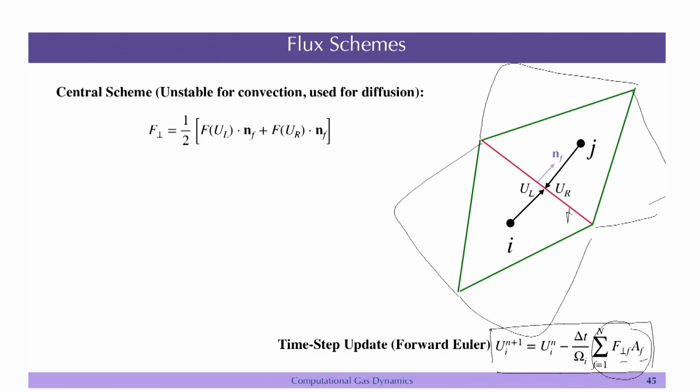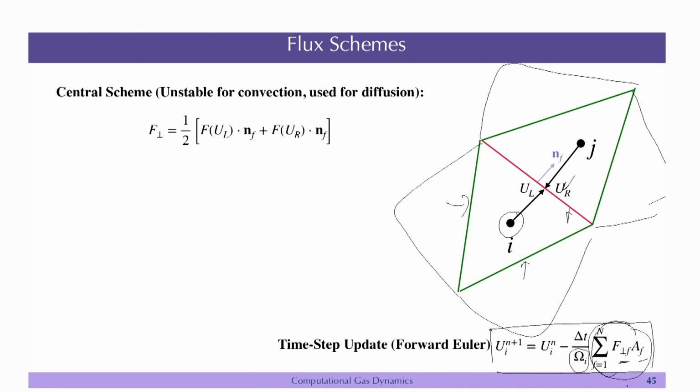If you want to update this cell, you will have 3 faces: 1, 2 and 3. On all these 3 faces you calculate the f perpendicular, multiply with this area vector, add it for all the faces, and then divide with the cell volume, and then use any time stepping scheme.